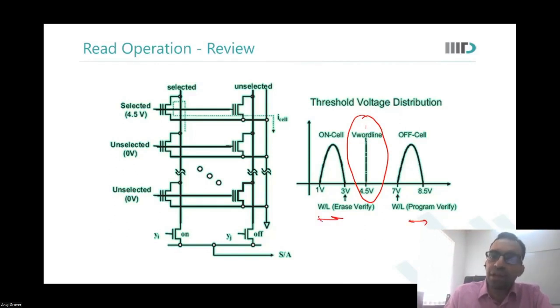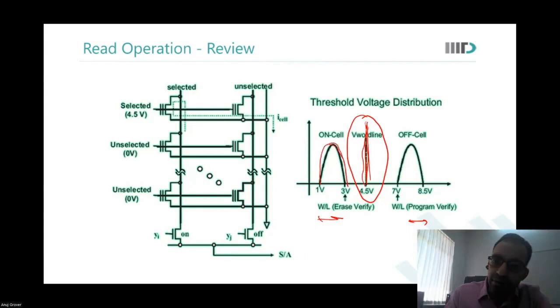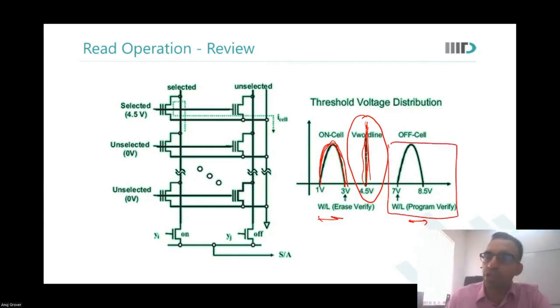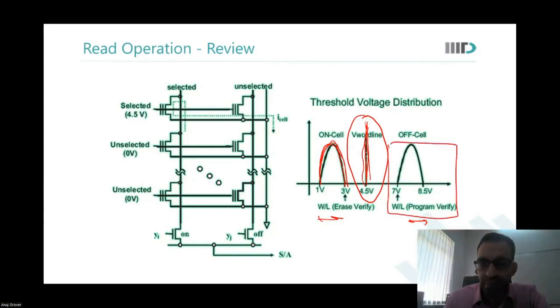At this particular word line level, all these devices will sink current, and the devices over here will not sink current. The cells that sink current are said to have, let us say, 0 stored on them. The other ones are said to have 1 stored on them.